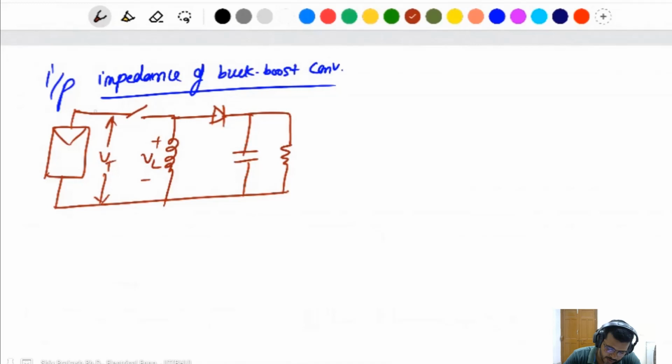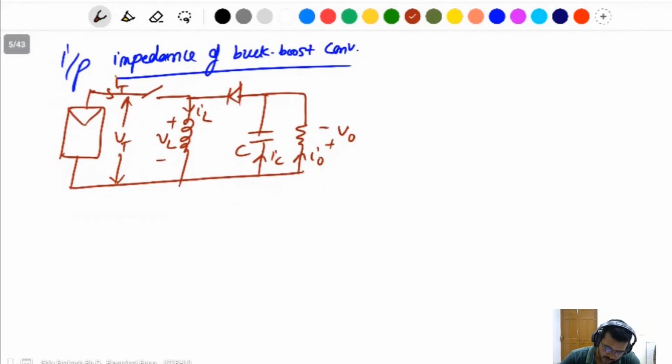Then Vt, this one will be It, so IL, I naught plus minus V naught, C, IC, sorry. You know the output voltage of the buck boost converter is D Vt divided by 1 minus D, and same thing for It.